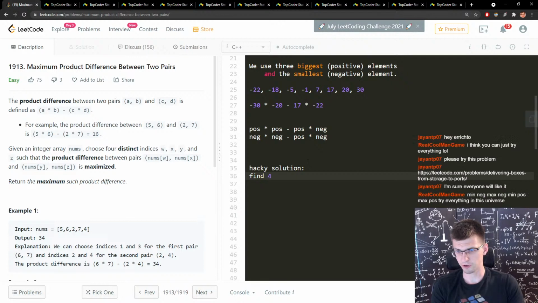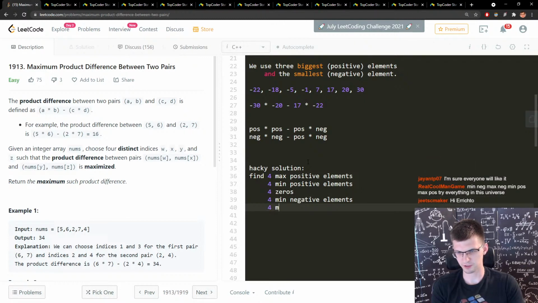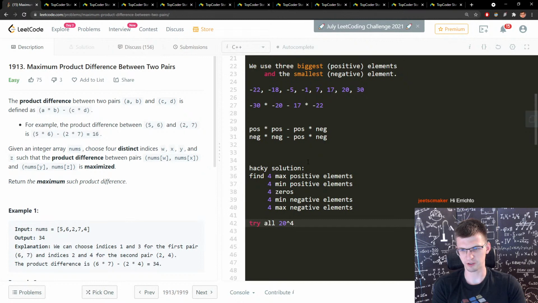Find 4 max positive elements, 4 min positive elements, 4 zeros, 4 min negative elements, 4 max negative elements. So all the possible extremums. And now among those, I found here 20 elements. So try all 20 to the 4th power combinations.